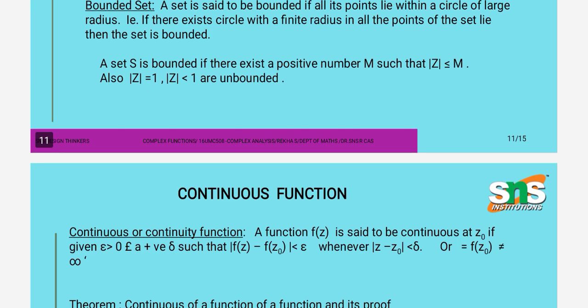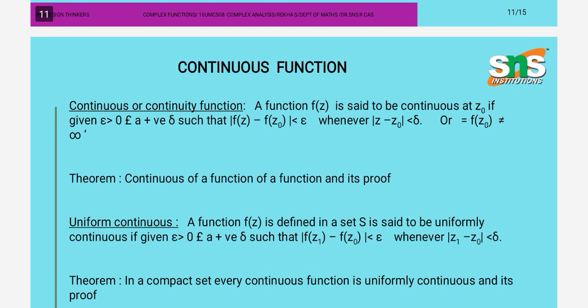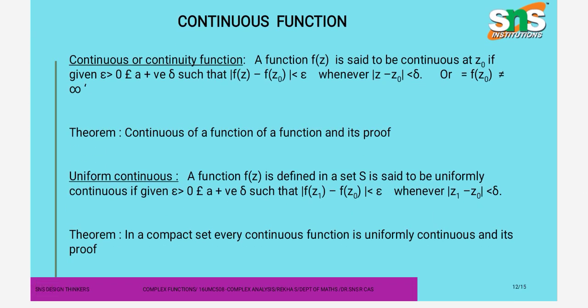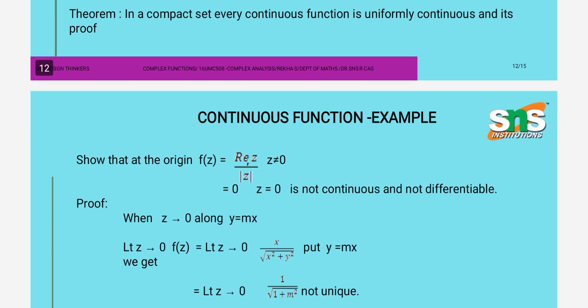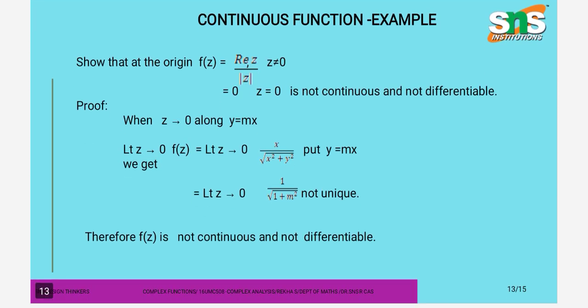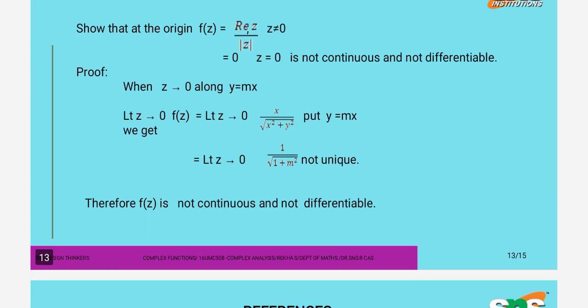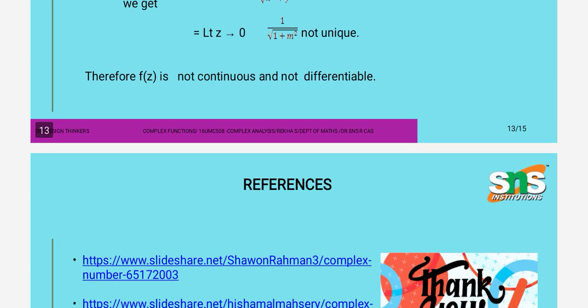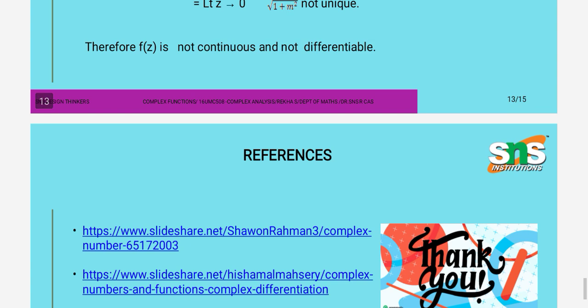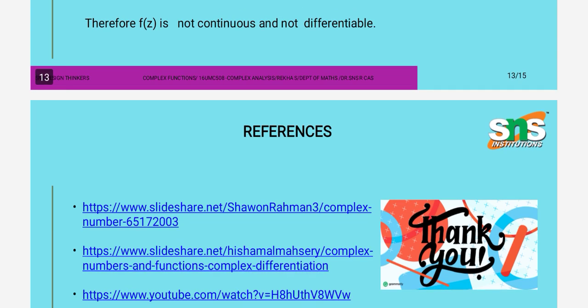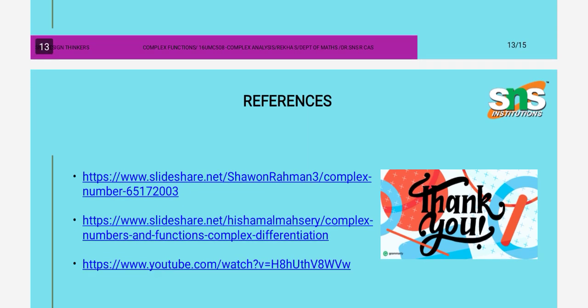Continuous functions transform all the functions from one plane to another plane. You can also consider complex functions, for example f of z equal to the modulus of z, and if z tends to 0, you can easily identify whether the function of the complex number is a continuous function.